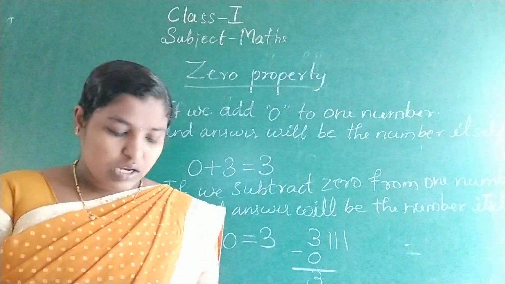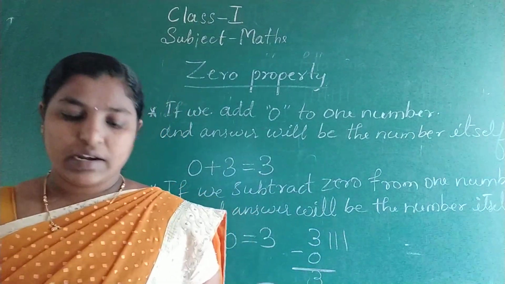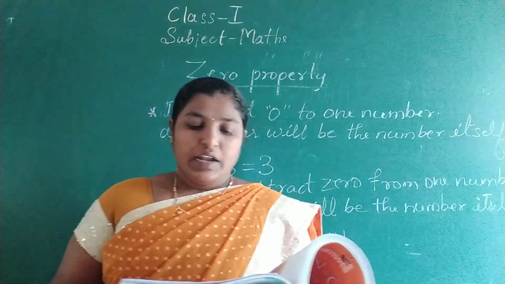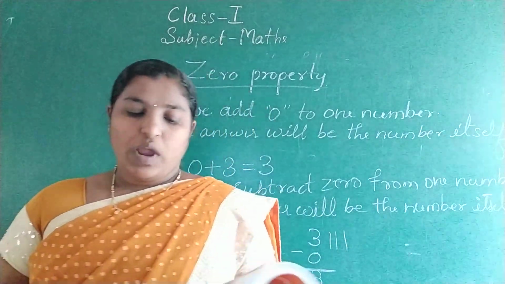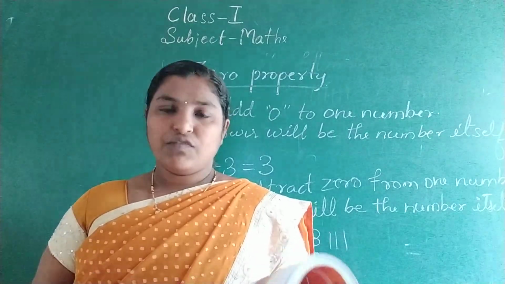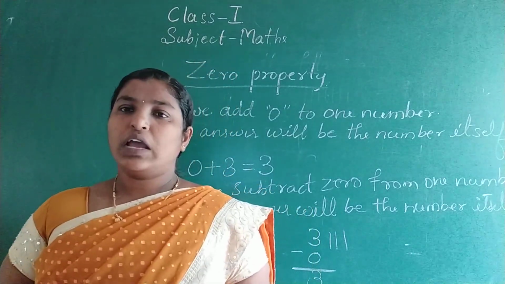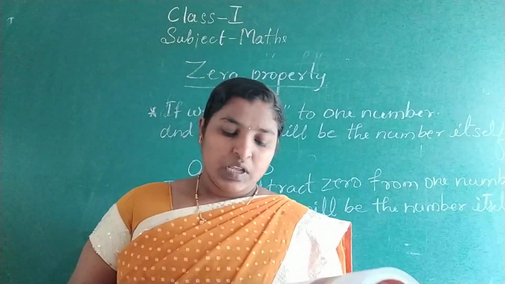Got it? Now just see your textbook, page number 197. Addition property of 0: when we add 0 to a number, we get the same number. There are 4 caps plus 0 caps is equal to again 4 caps.